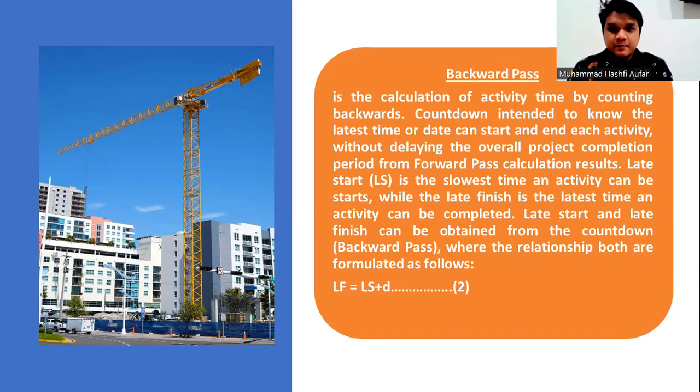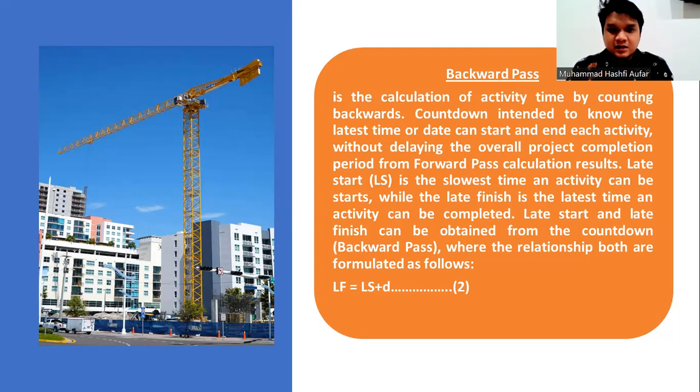Next, backward pass is the calculation of activity time by counting backwards. The countdown is intended to know the latest time each activity can start without delaying the overall project completion period from the forward pass calculation results.